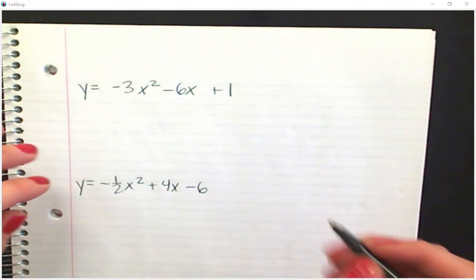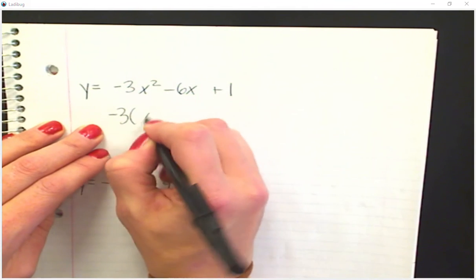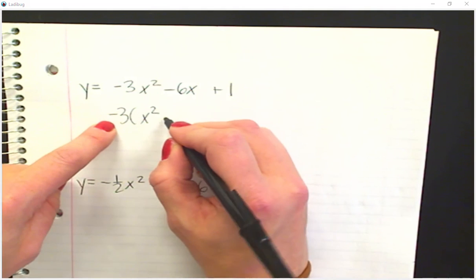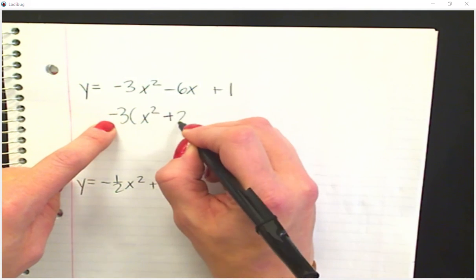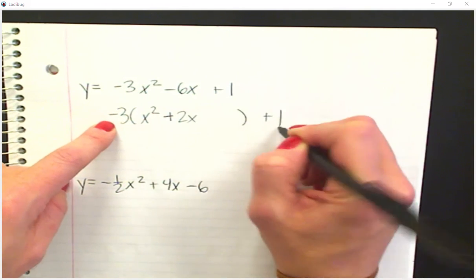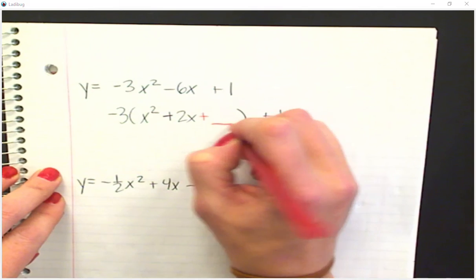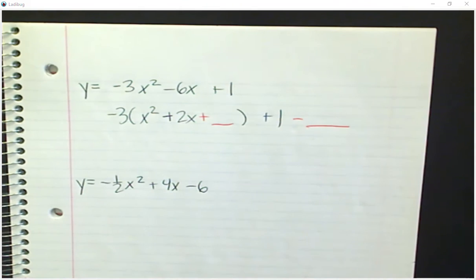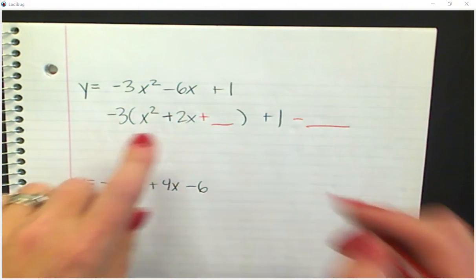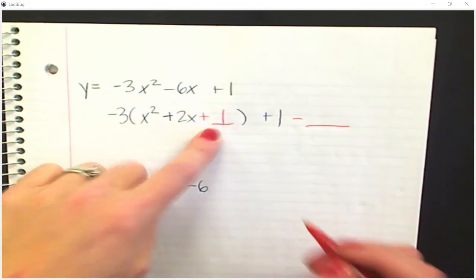Okay, here we go. -3. When I divide a negative out, my sign changes. Right, now I start with my blanks being opposites as a reminder. And so +1.